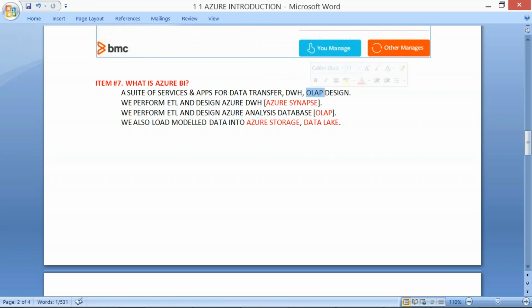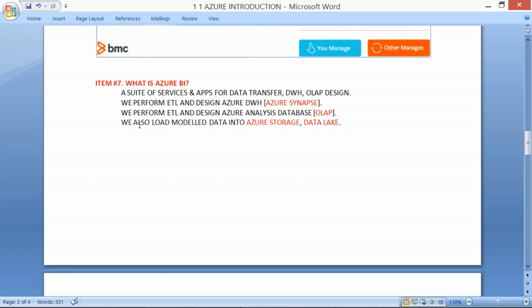We say data models, data modeling activities. So we perform ETL activities and design the data warehouse, we call it Synapse. Perform ETL and design Azure Analysis Services, Azure Analysis databases, OLAP.